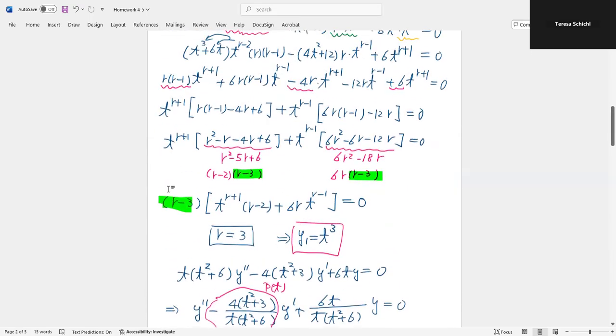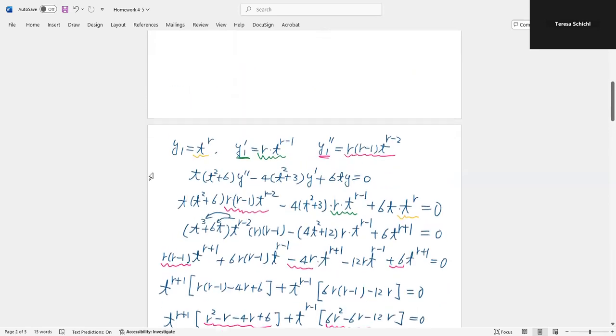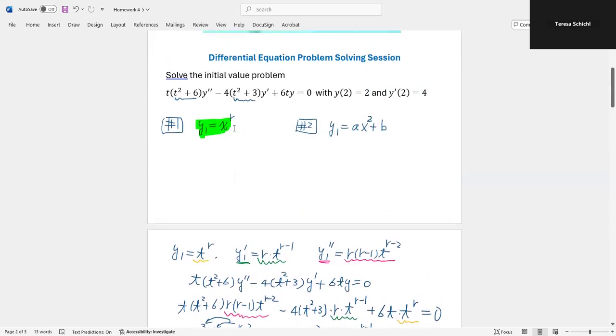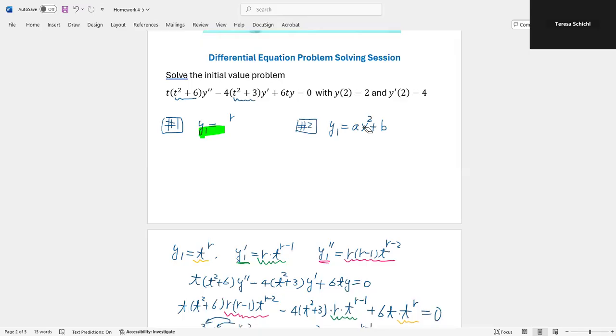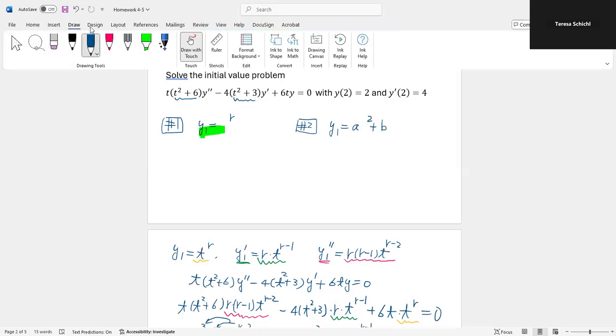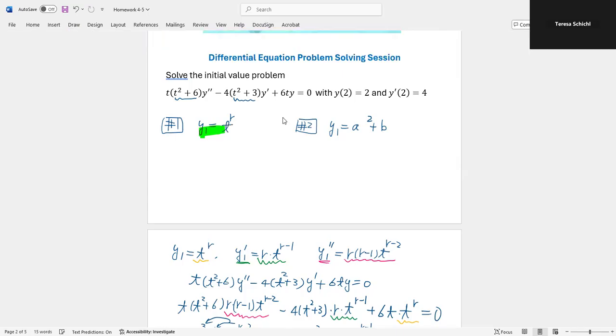So this is one, I choose y1 equal to, I'm sorry, I should have said X to the R, not T. Be careful, sometimes we gotta be careful. So this is T to the R, and a T squared because all the variables here are T.